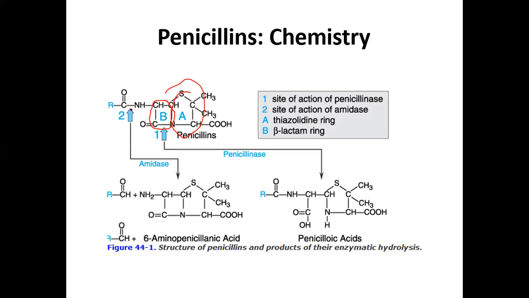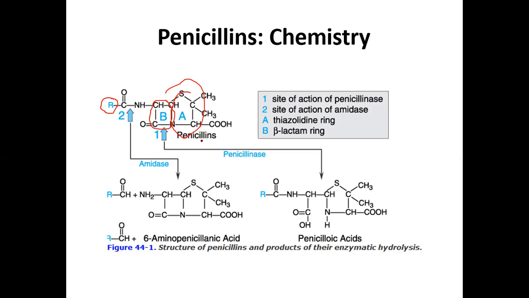And then the penicillins have substituents R, and those substituents differ one from another, and therefore you have different penicillins. They also have different effects on different organisms. This is why it is important to learn what these beta-lactam antibiotics are and which organisms they should be able to act against and which ones you can't use them against.